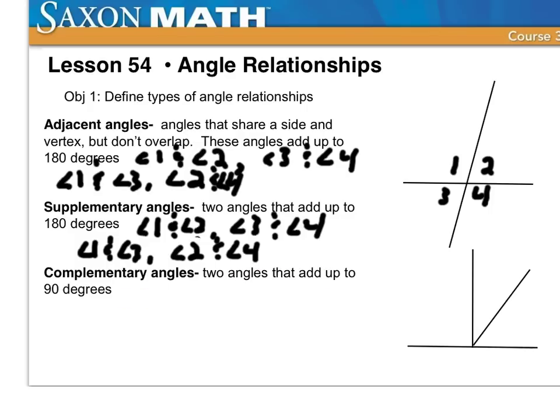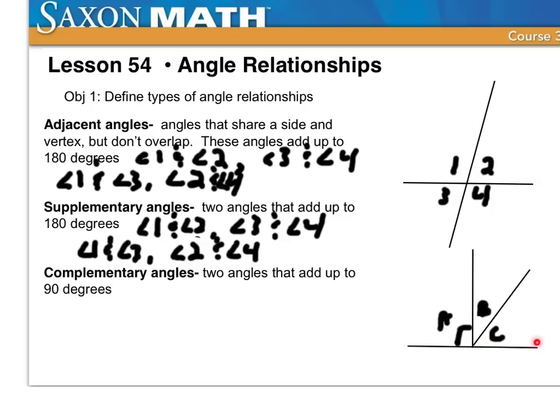Complementary angles are two angles that add up to 90 degrees. So let's say here I've got, let's use letters this time, shall we? Let's say that this angle we're going to say is 90 degrees. And this is angle A. And then we got angle B and angle C. Well, we know that if angle A is 90 degrees, that angle right here also has to be equal to 90 degrees because they have to add up to 180 together.